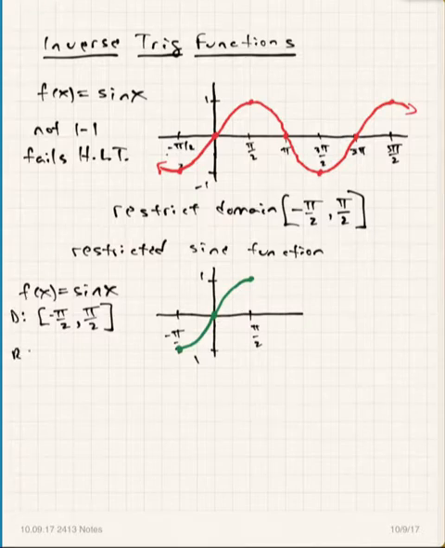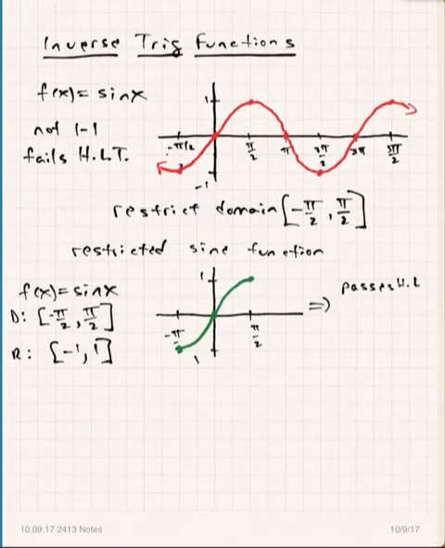The range, notice, is not changed. We purposely pick a domain where the range would still be from negative 1 to 1. And so this function passes the horizontal line test, so it is one-to-one, and its inverse is a function.